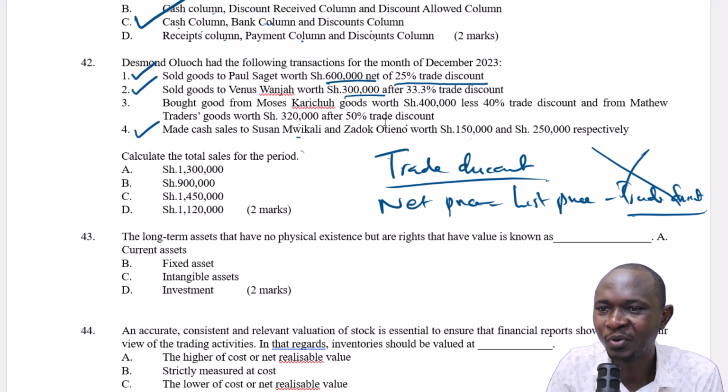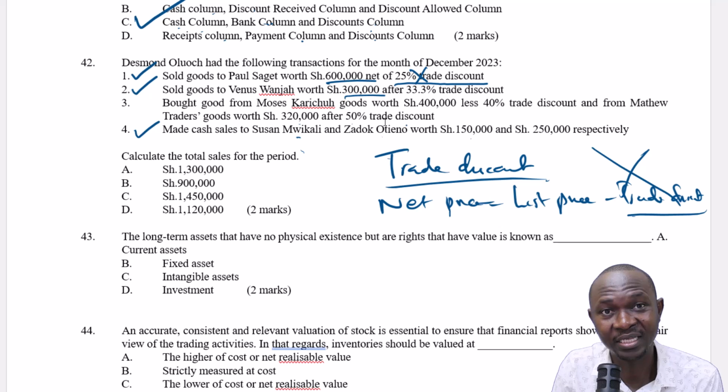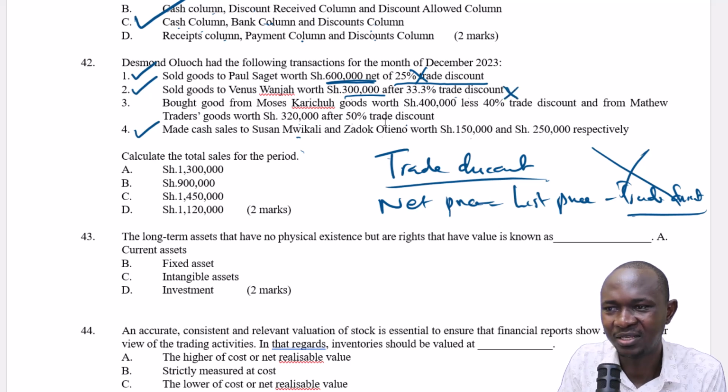Sold goods to Paul Saget worth 600,000, net of 25%. This is useless information for the sake of record keeping. We are going to consider this 600,000. Sold goods to Venus Wanja worth 300,000 after that 33.3% trade discount. This is useless information, so we will not consider this. We will pick this 300,000.